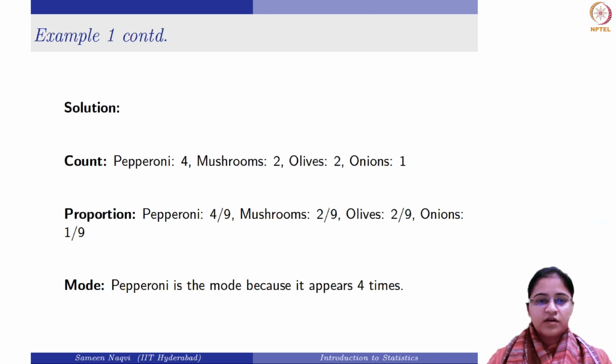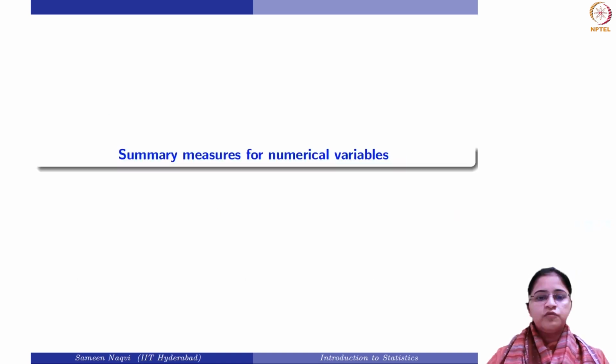So that is why, as I emphasized last week also, distinguishing between numerical and categorical variables is very important, because as you move ahead in the course, you will realize that the summary measures, the visualization techniques, and further the analysis also differ for these two types of variables. So if you distinguish between them properly, then it would be easier for you as you move ahead in the course. We move on to the summary measures for numerical variables.